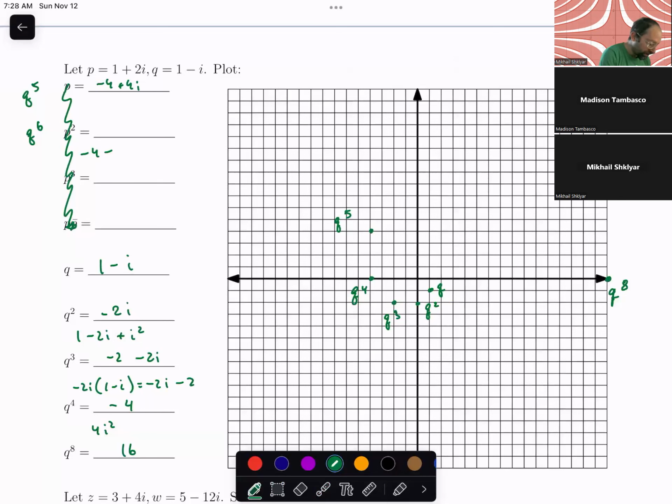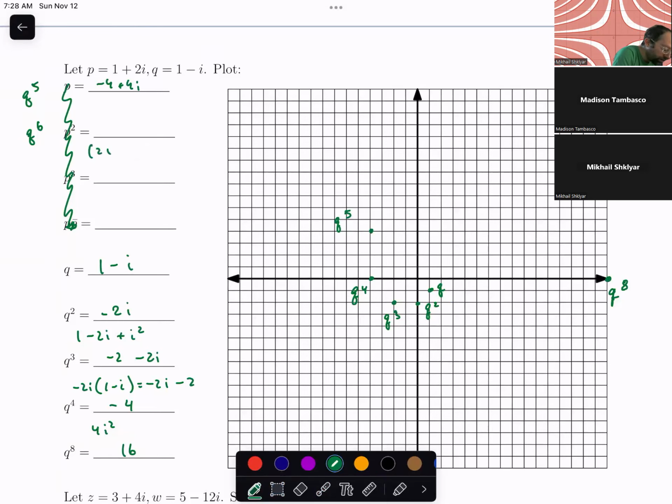Am I doing the right thing? It's like 2 times -2 times -2i. You know what? I'm going to save myself some anguish, because the square of a negative number is the same as the square of a positive number.